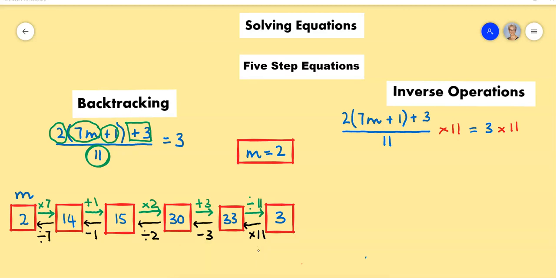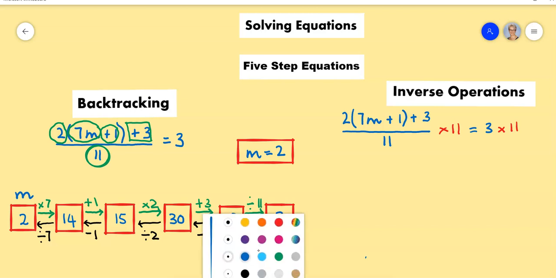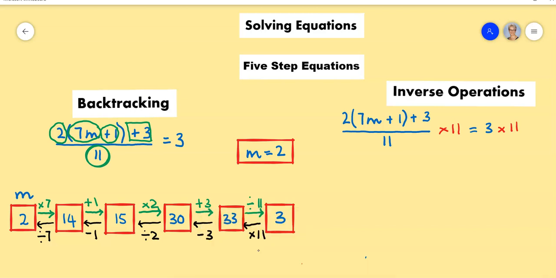So now we can see that times 11 divided by 11 will cancel out, and I've got 2 times 7m plus 1, plus 3 is equal to 3 times 11, which is 33. Now, the next thing we have to do to both sides is to subtract 3.